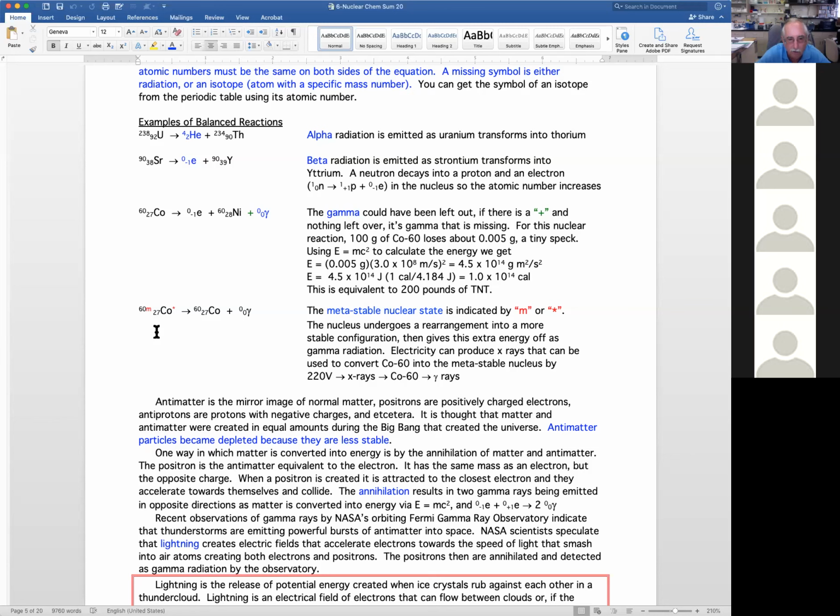Well, you take cobalt-60 and you simply bombard it with X-rays. And as you're doing that, the nucleus gets a little bit out of stability, a little bit torqued the other way, till eventually it cannot handle it anymore and it just collapses back into a stable nucleus, and it gives off that excess energy in the form of gamma radiation.